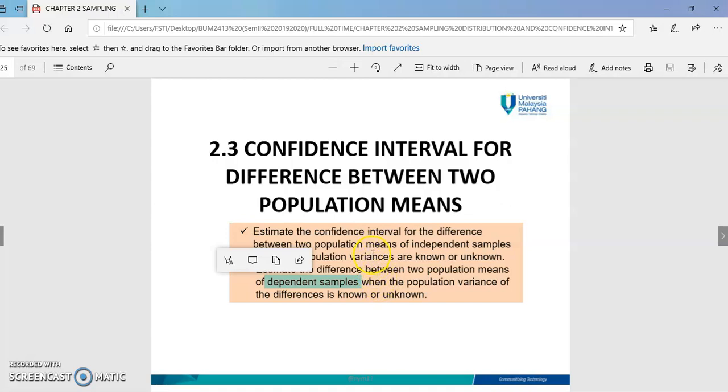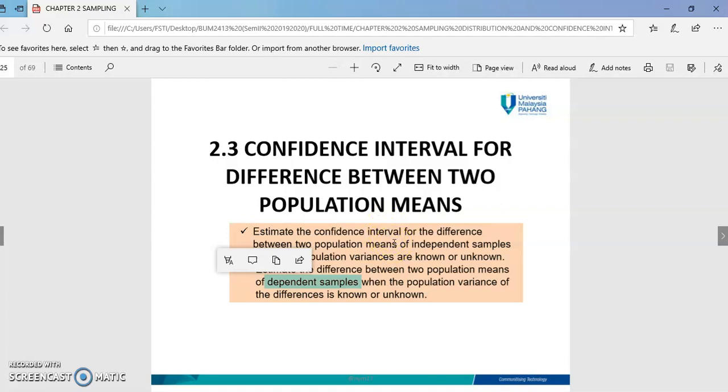For example, let's say that we develop a safety program, and the data that we want to collect to reflect the safety program is, let's say, the number of accidents that happen in industry. We try to see whether the safety program is effective or not. So the first data we collect is before the safety program is implemented.